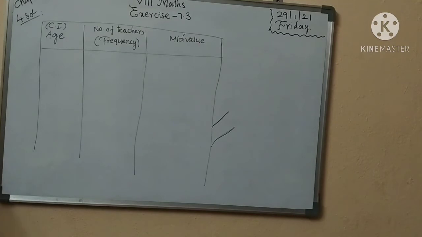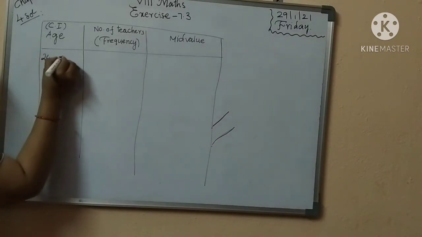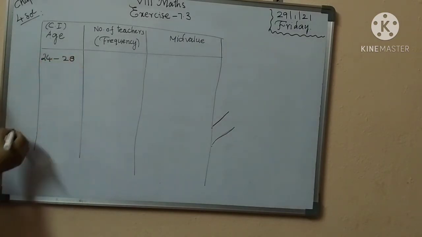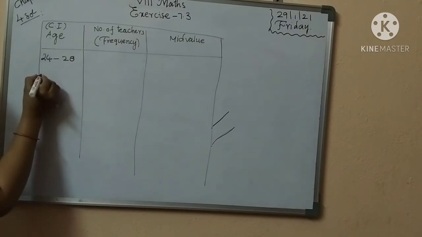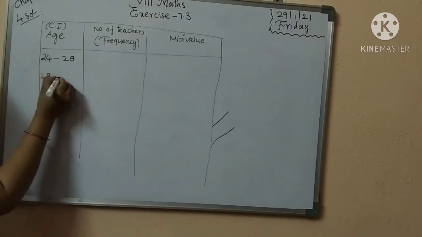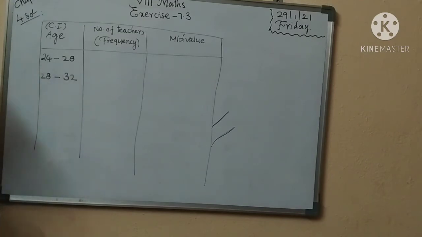Okay, now take the age class intervals in the given table, ages 24 to 28. Then consider the class intervals 24 to 28 and 28 to 32. The difference is 4. Each and every class interval difference is 4.